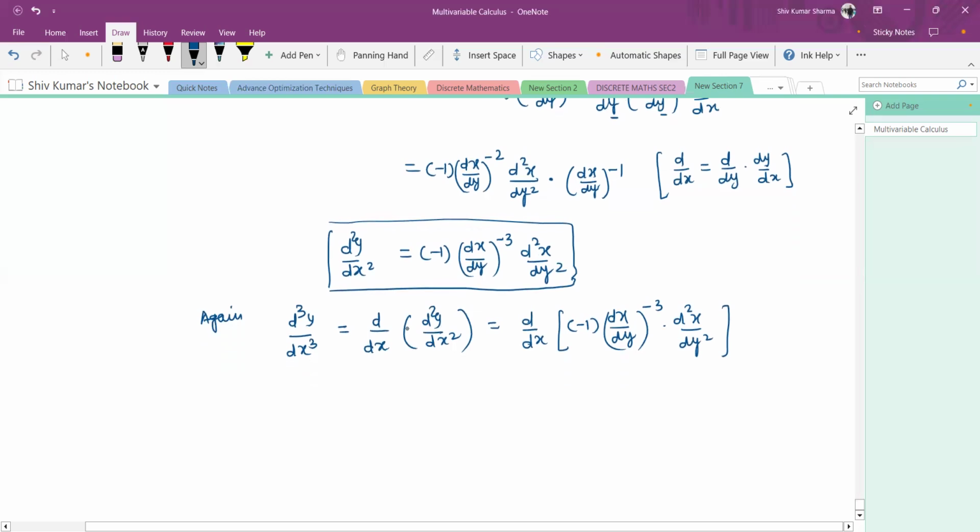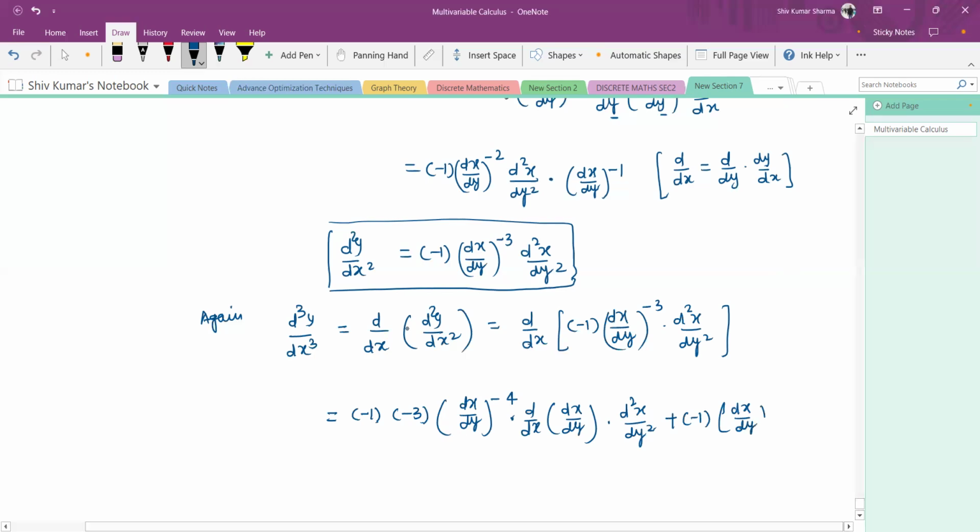So here we use the product rule. That means this can be written as -1 into the differentiation of the first. The differentiation of the first you can write as -3 (dx upon dy) raised to the power -4 into the differentiation of dx upon dy, into the second function written the same, plus the first function written the same, (dx upon dy) raised to the power -3 into the differentiation of this, d upon dx of d square x upon dy square.